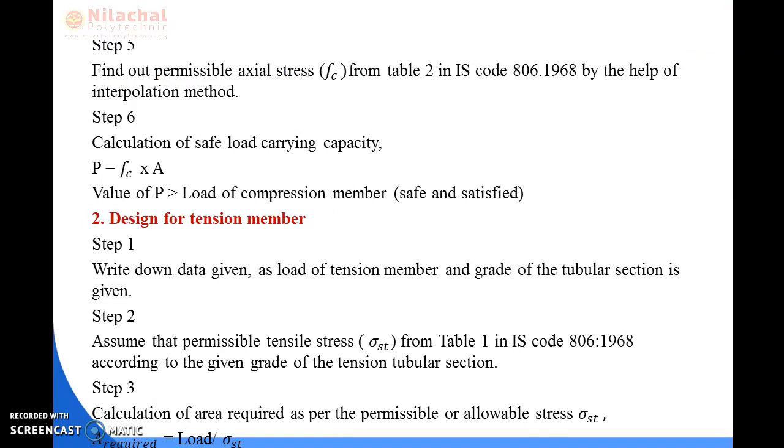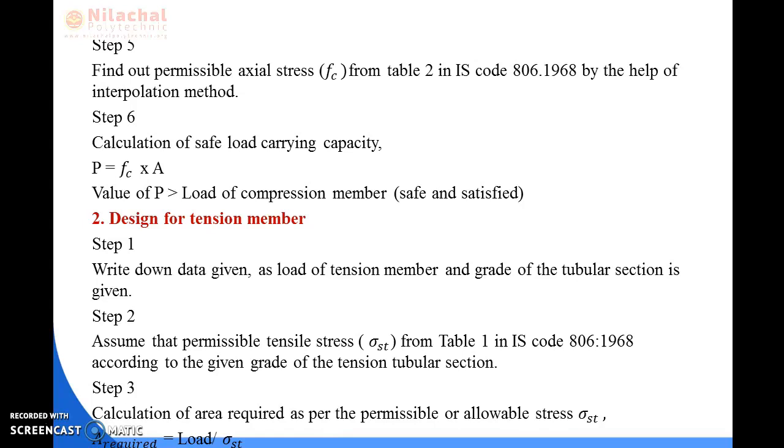Then in step 5, we have to find out the permissible axial stress, that is FC, from table number 2 in IS code 806-1968 by the help of interpolation method. Next is step 6.